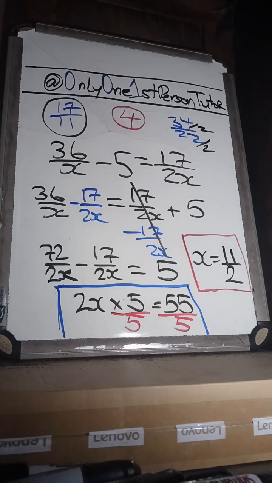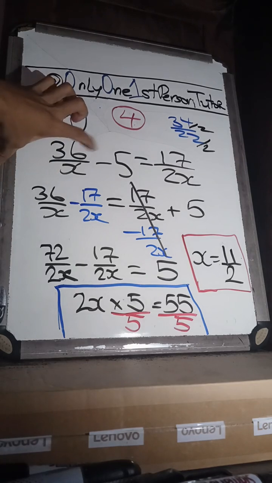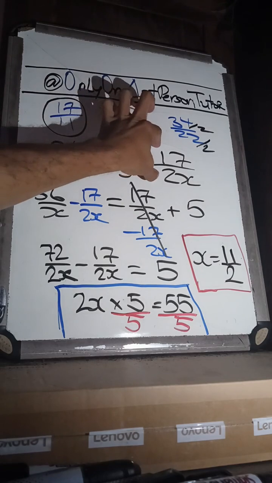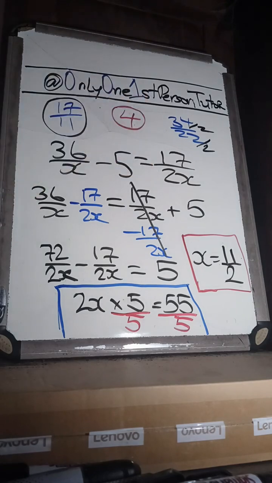So therefore, the x being down here is just as important as the x being up here. So this is the same as 36 times 1 over x. This is the same as 17 times 1 over 2x. So therefore there's a major difference between those two.